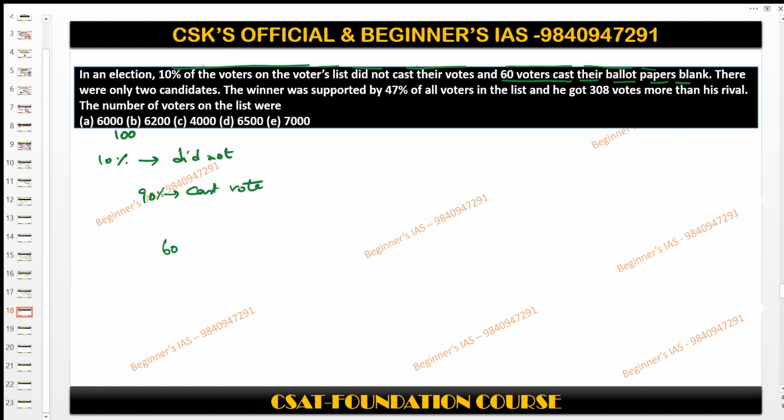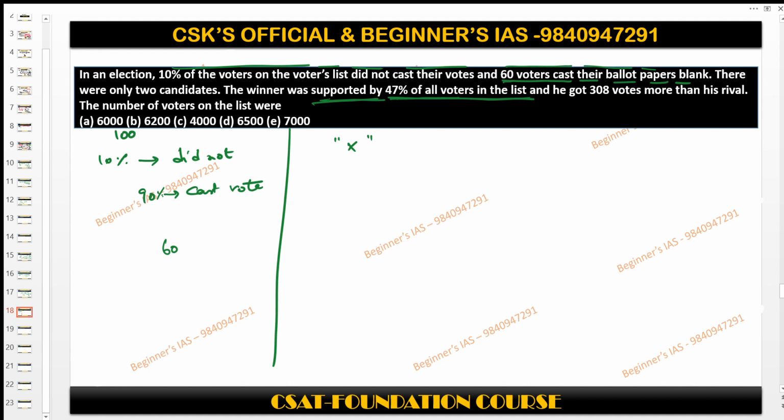Okay. So first of all, even if you take this, calculating 60 is a difficult one. Listen carefully. What is the total number of voters? Let us take X as the total number of voters. The winner was supported by 47% of all the voters in the list.